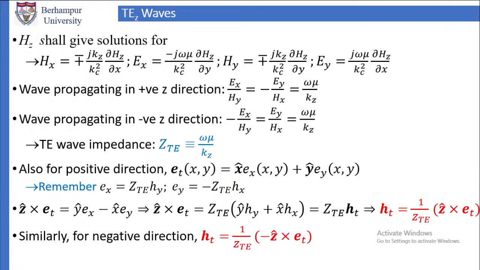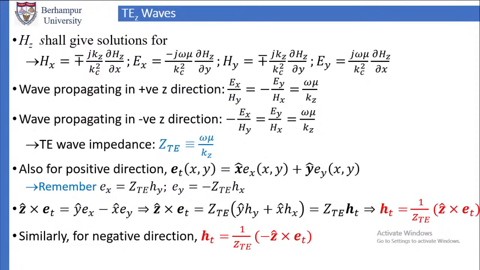Only the xy component, only xy dependence. Z dependence is not taken here because we know what the Z dependence is. We have assumed it to be of the form minus plus j k subscript z into z. So that is known, so that will be left out. So the remaining will be this.